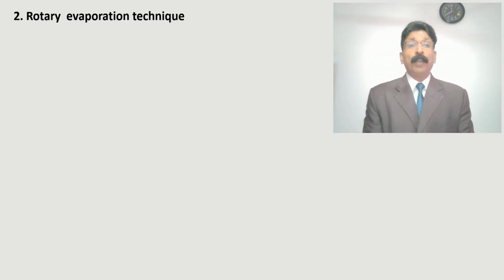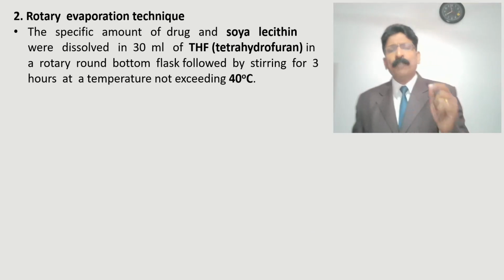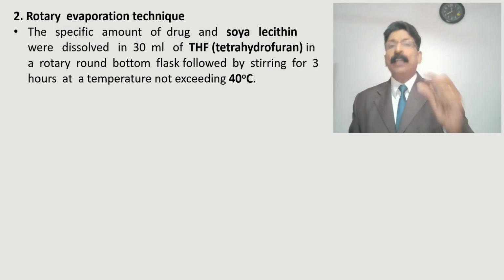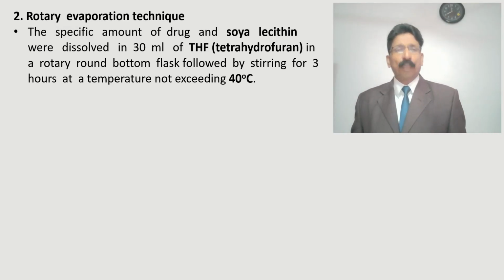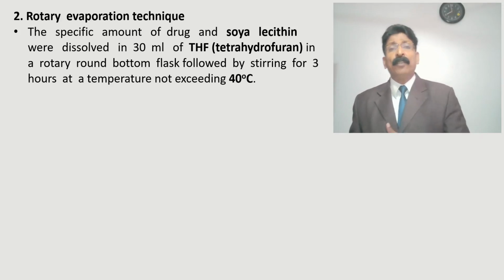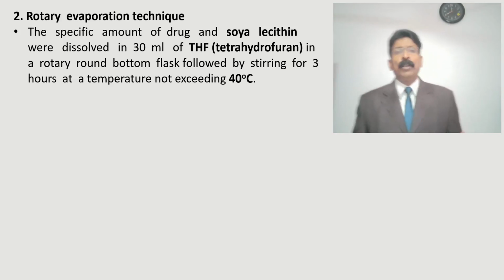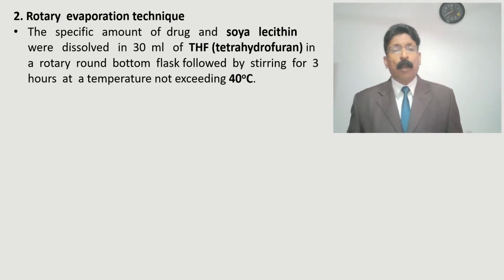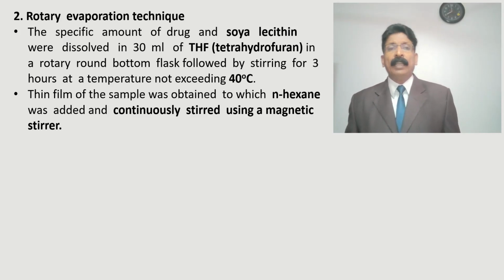Number 2, rotary evaporation technique. Here the specific amount of the drug plus soya lecithin, the same soya lecithin, remember, are dissolved in 30 ml of tetrahydrofuran in a rotary round bottom flask, followed by stirring for 3 hours at a temperature not exceeding 40 degrees centigrade.